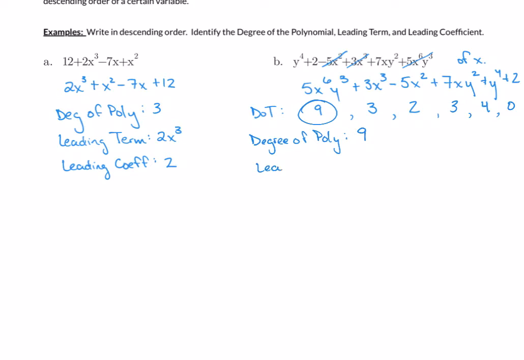My leading term, well, with it being in descending order, I can just look at the first one. It is going to be 5x to the 6th y cubed. My leading coefficient is 5.